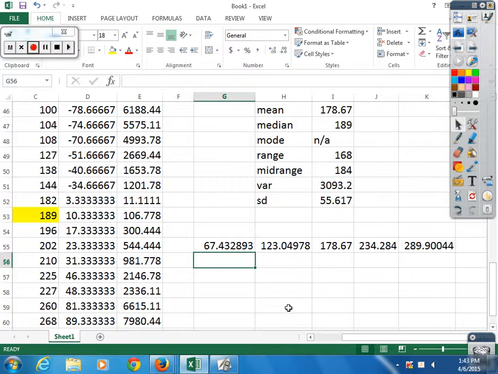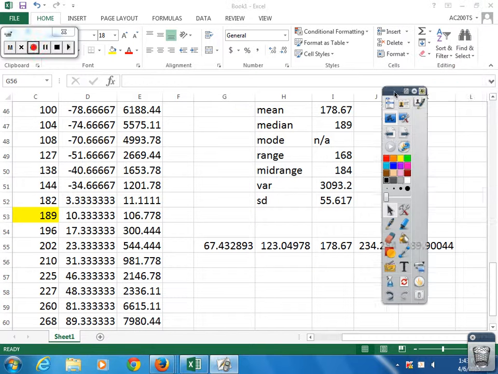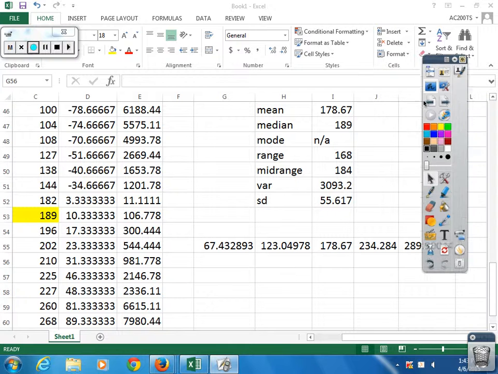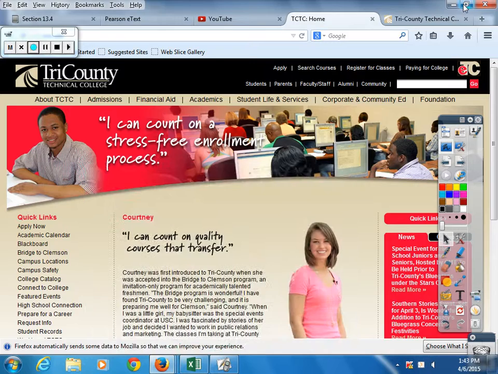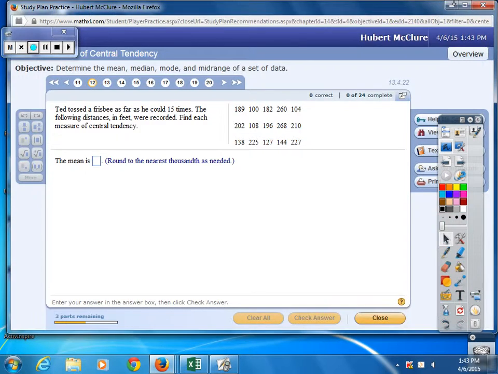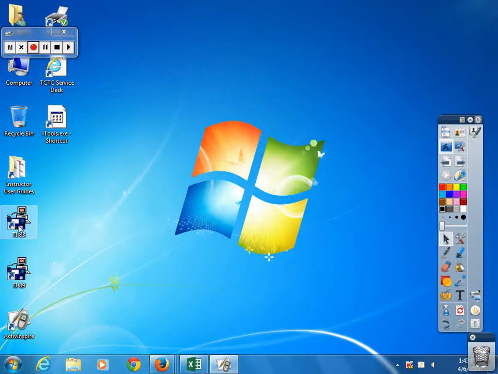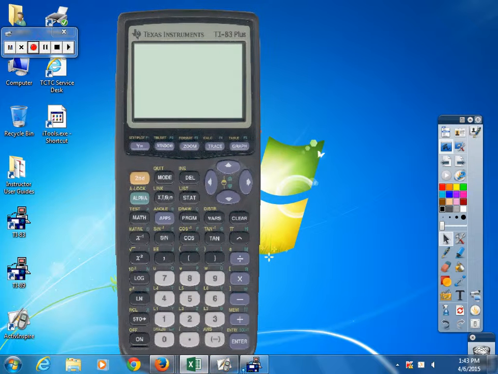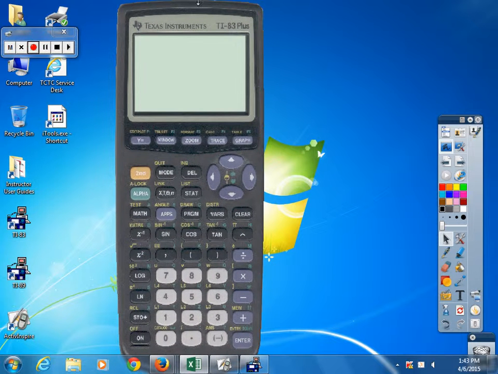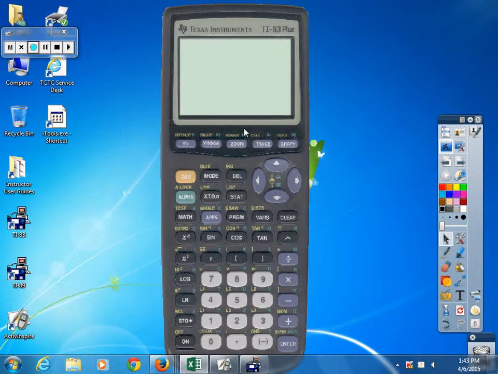All right. Now, everybody get your cell phone apps out and your calculators out if you have a TI-83 or better. Here's your TI-83, and we're going to take the second problem we did.